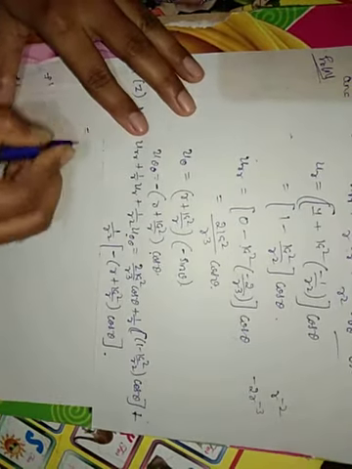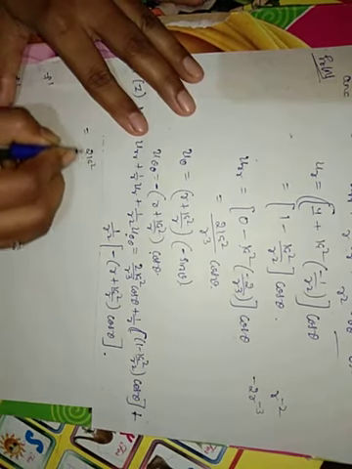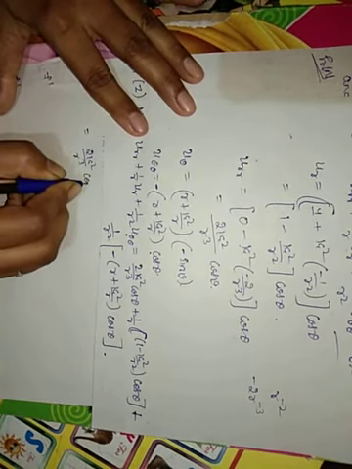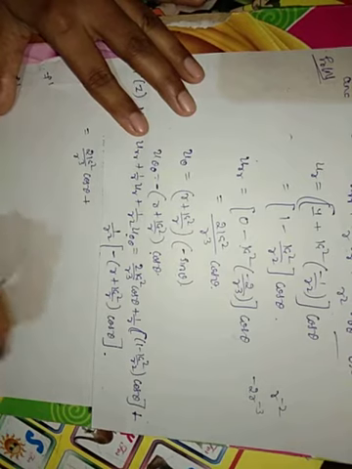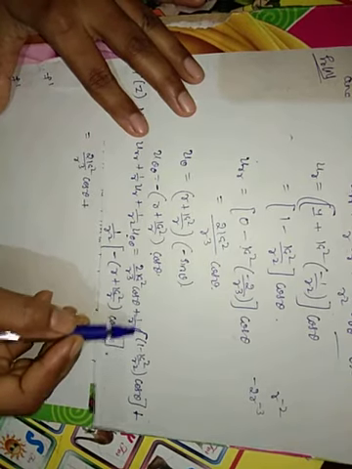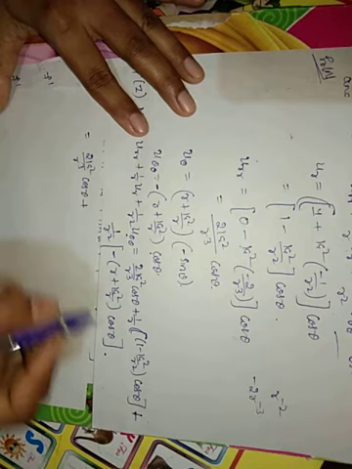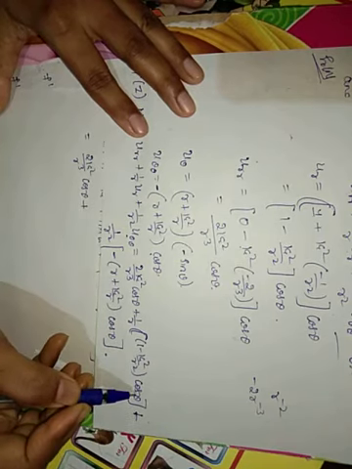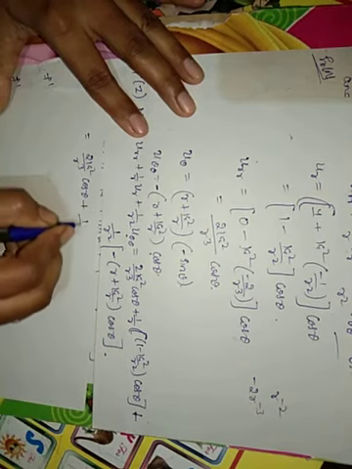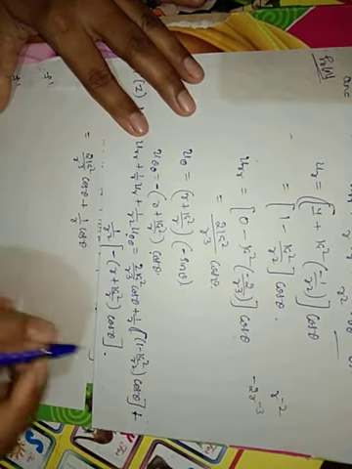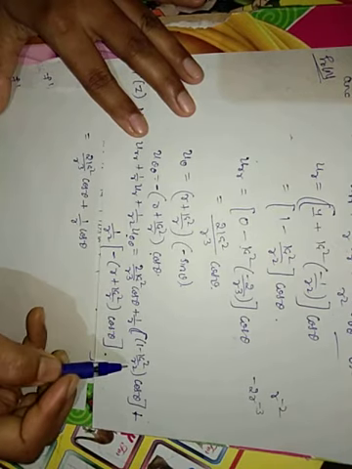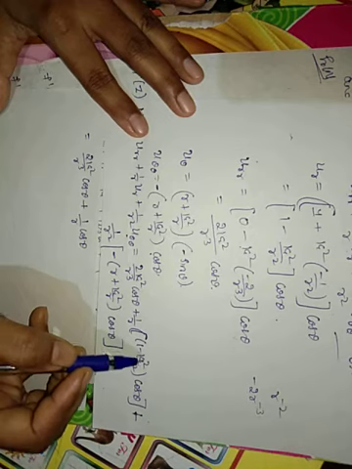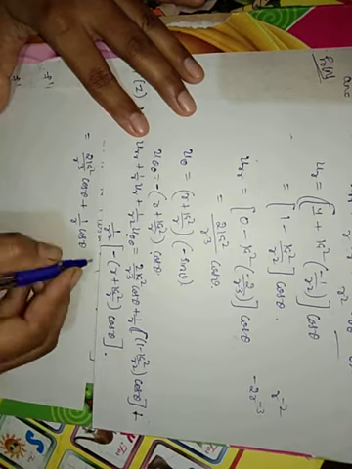That is equal to 2k square divided by r cube into cos theta, plus 1 by r into 1, which is 1, and 1 into cos theta is cos theta, so 1 by r cos theta. Plus 1 by r into minus k square by r square is minus k square by r cube into cos theta.